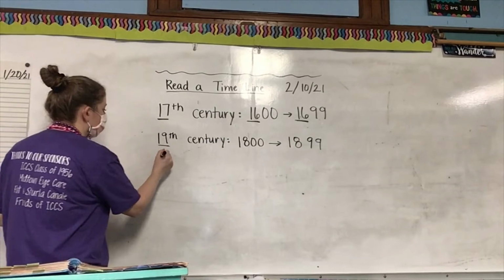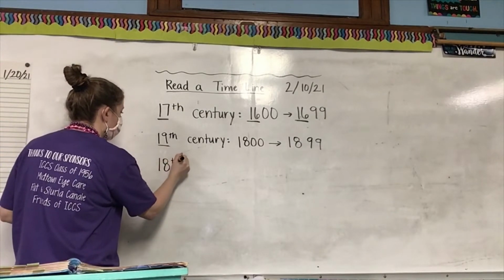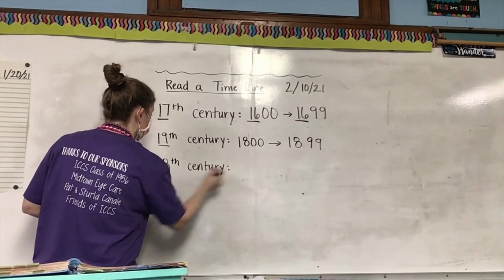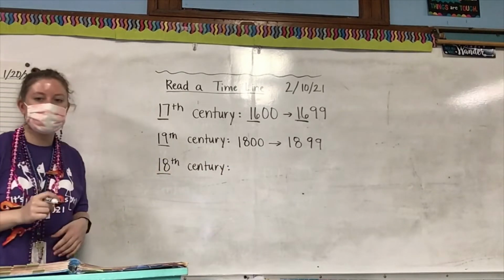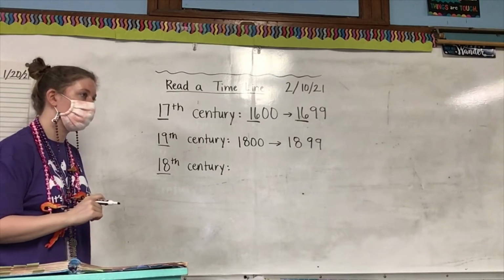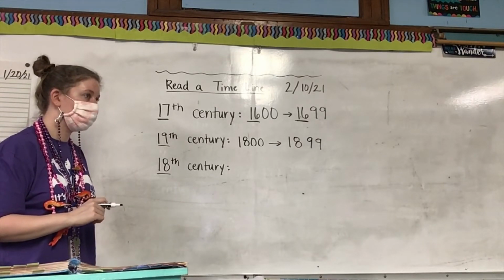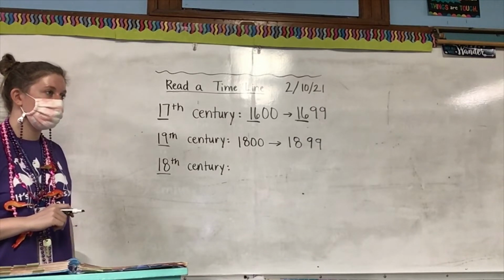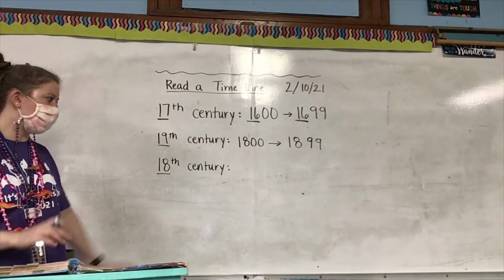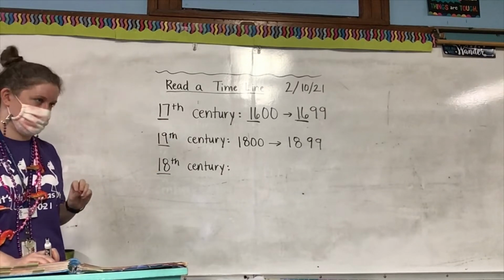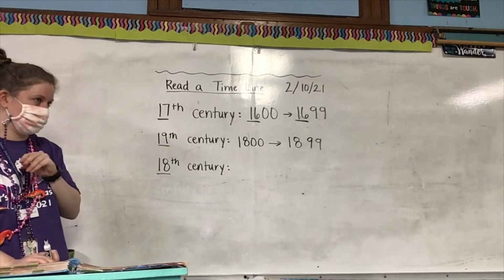So that means the 18th century started in what year? It started in the 17th? How can the 18th century start in the 17th century? They're 2 different centuries. Follow the pattern.